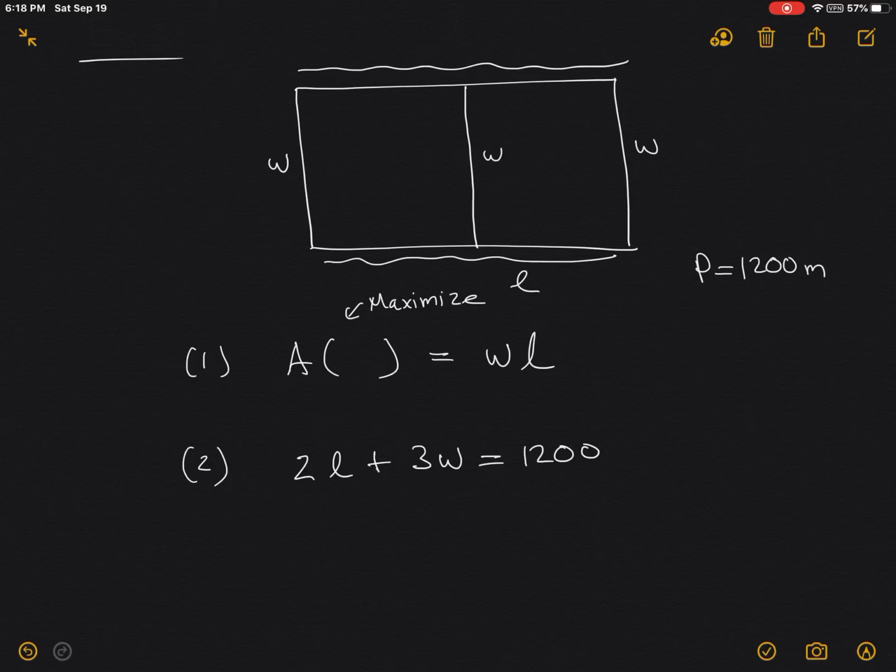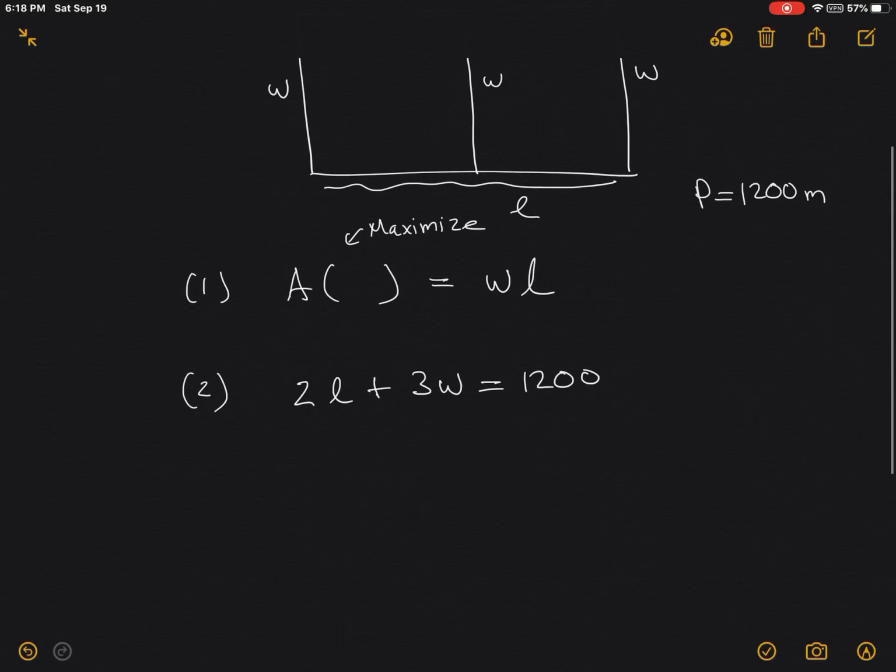And after doing some of these problems, you hopefully can see a pattern. You set up 2 equations. One equation, you're going to maximize or minimize. The other equation, you need to get one of the variables by themselves, and then substitute. Okay, so for no other rhyme or reason, I'm going to put this as a function of W. If you want to put it as a function of L, you're welcome to.